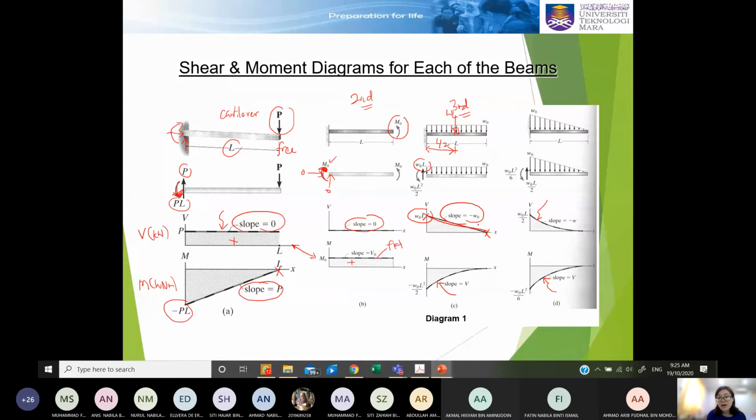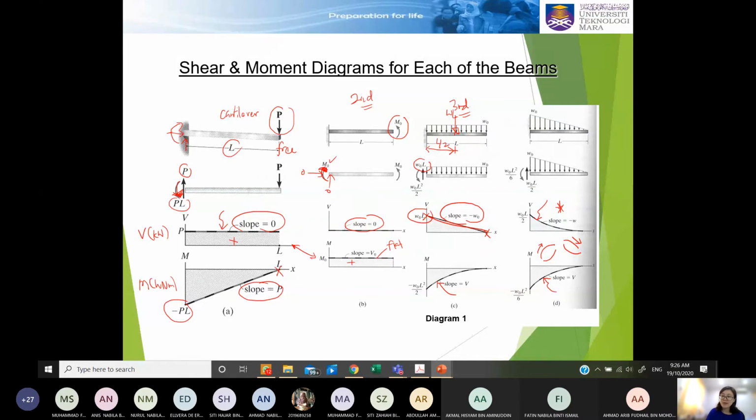In our case just now, we have a curve, so for the moment later we are also having a curve. But which direction? Either this direction, or this direction. This is going up, this is going down.